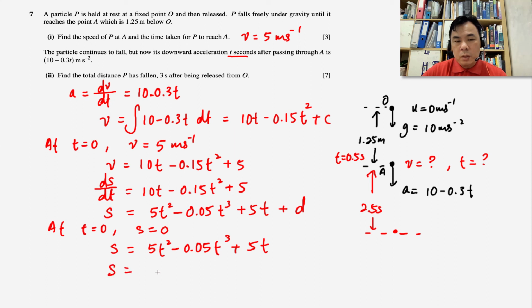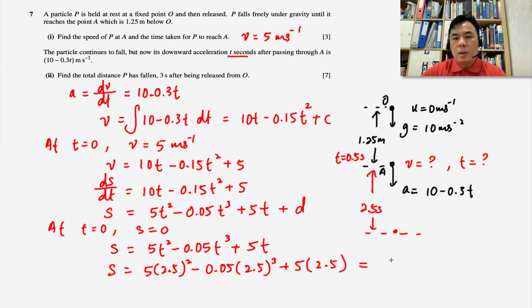So from here we have 5 times 2.5 squared minus 0.05 times 2.5 cubed plus 5 times 2.5. Okay, just let me try it out. You guys can also give it a try in this case. Let me check on my calculator.